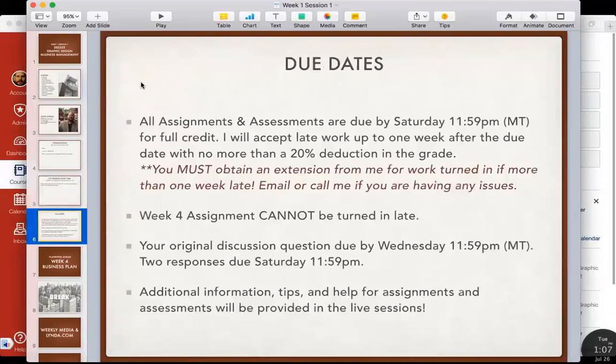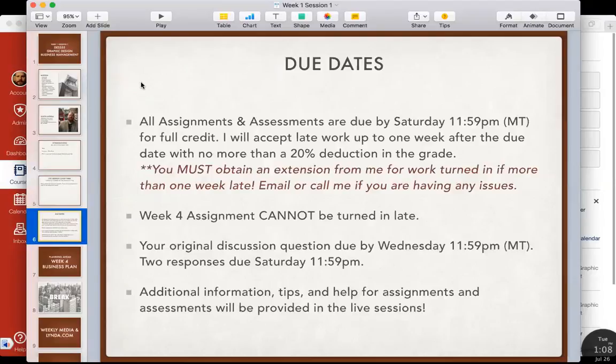Now, as far as due dates, all of the assignments and assessments are due by Saturday at midnight, 11:59 technically, for full credit. The way we're going to do late work, if you need to turn anything in late, up to 1 week late, you can just go ahead and turn it in, and there's a 20% deduction for it being turned in late, but that still leaves 80% available for your grade, so definitely worth doing.